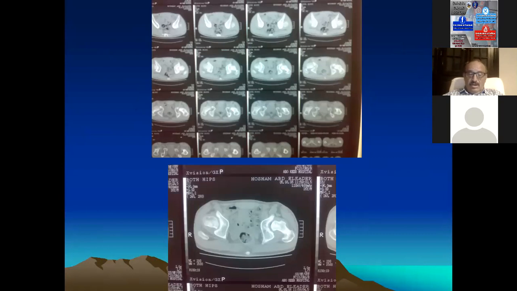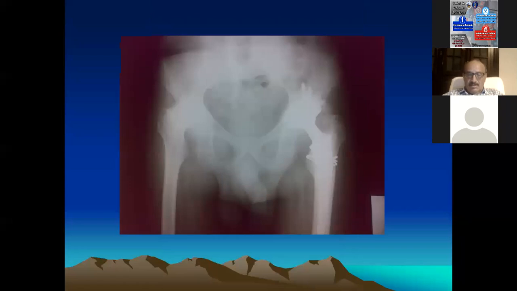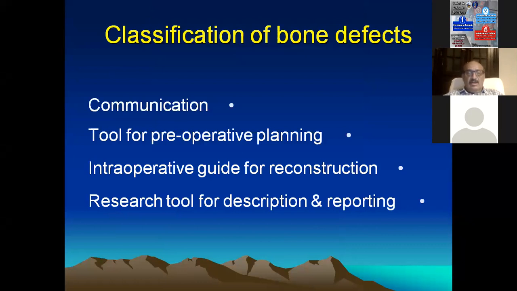In the difficult primaries, you will need more sophisticated investigations to identify the deficiencies, and you will also need special techniques to avoid loosening.